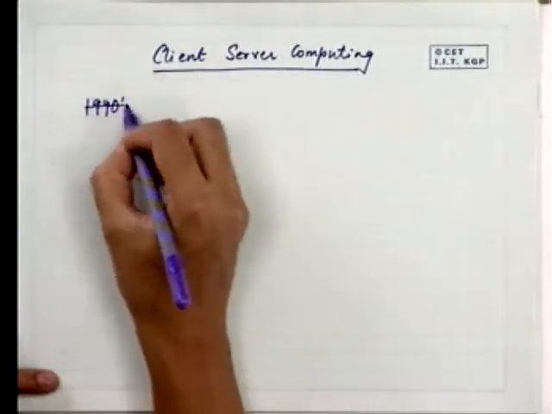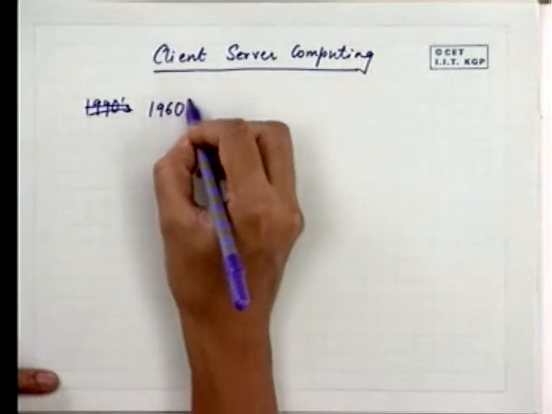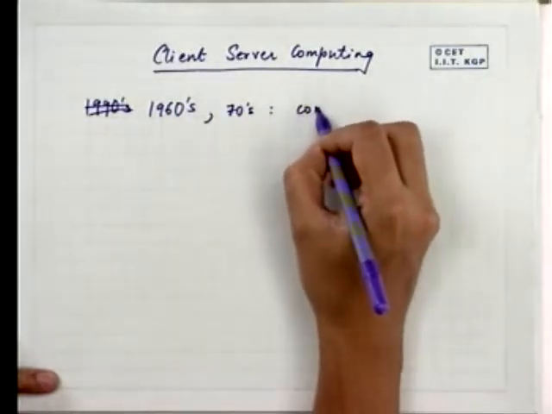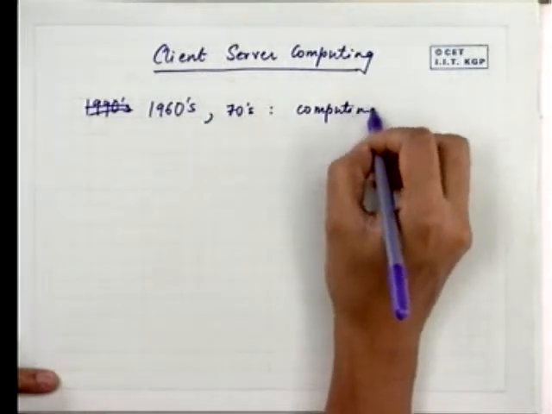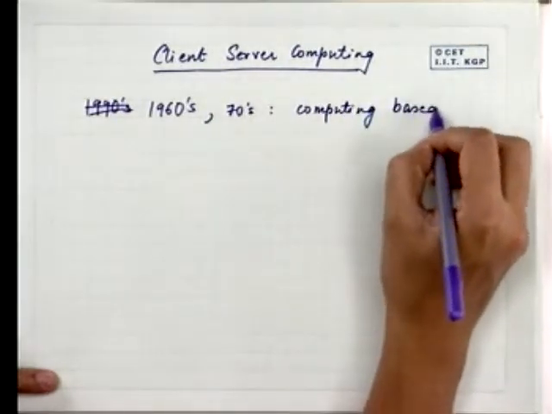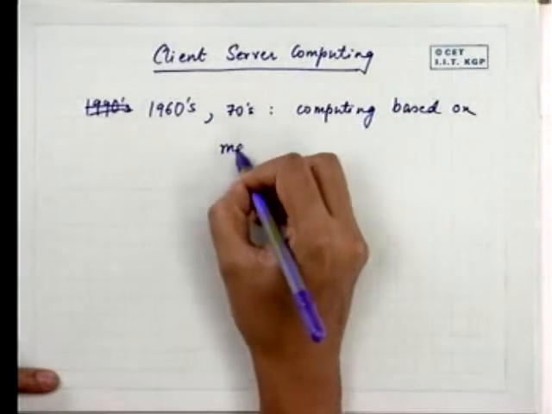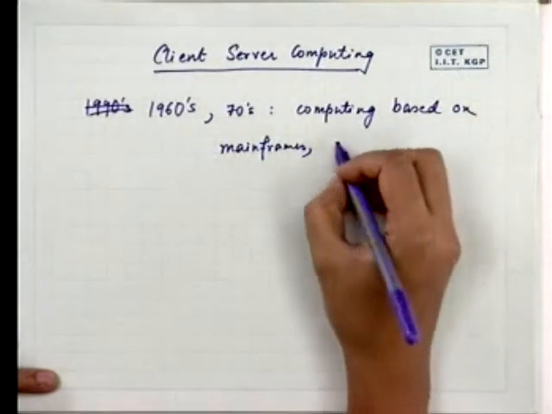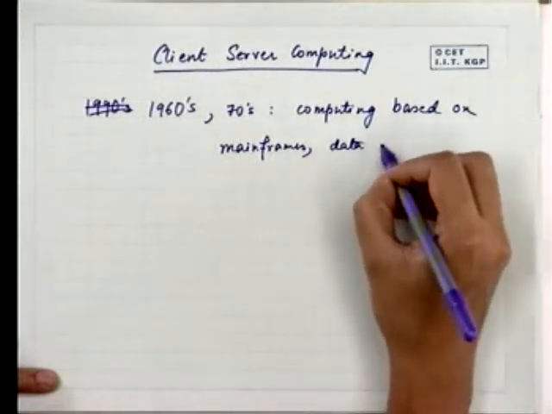So we have in the 1960s and 70s computing based on mainframes. Data and software were located in one single machine.